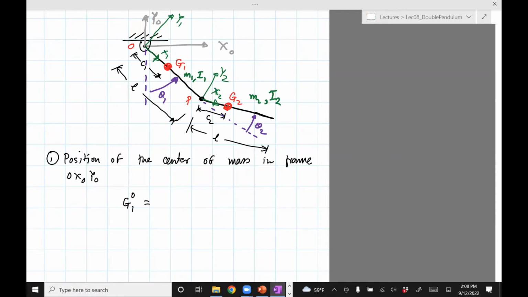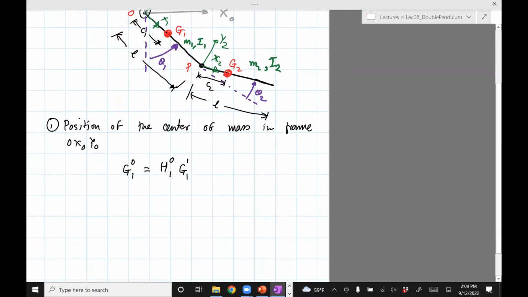Now, if you go back to look at homogeneous transformation, you know that G10 is basically related to the position of G1 in frame 1, so X1, Y1, by this transformation matrix H. So as long as I have those two things on the right side, I can compute G10.